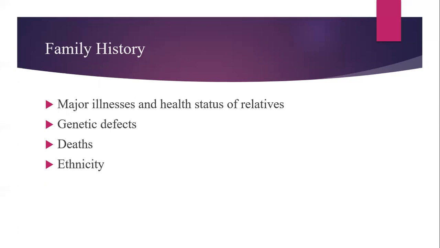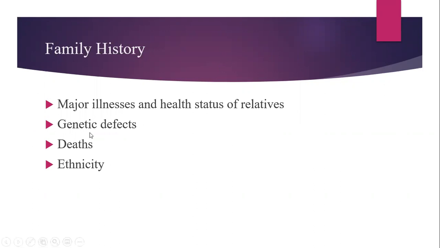A properly collected family history can identify whether a patient has a higher risk for a disease or not. It helps the healthcare provider recommend treatment or other options to reduce the patient's risk of the disease.